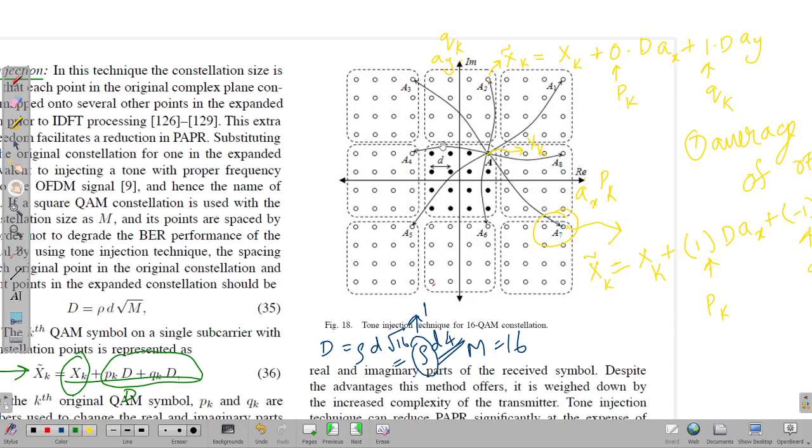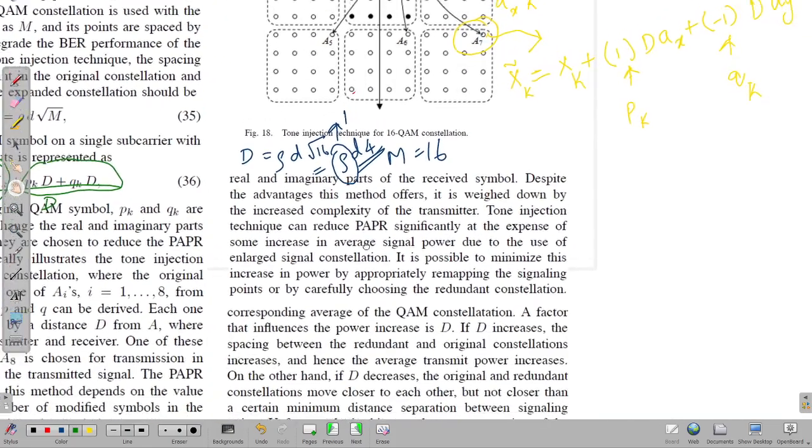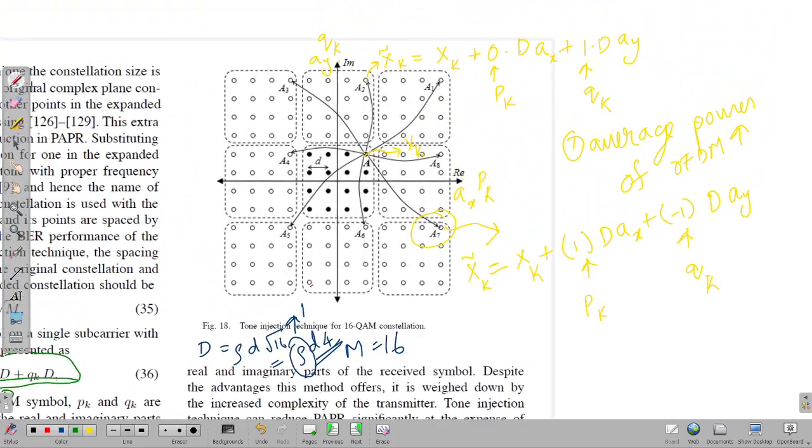Originally it had 16 constellation points, and now it has 16 into 6 constellation points. So on the transmitter side, the complexity can increase. That is another disadvantage: the transmitter complexity is more.